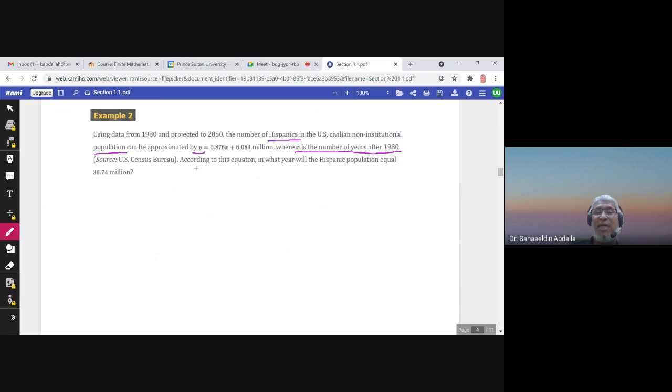So he says, according to this equation, in what year? He is asking about X, because X is the number of years. Will the Hispanic population equal this? So Y is equal to this, because the Hispanic population is Y. Notice here, he said Y million.